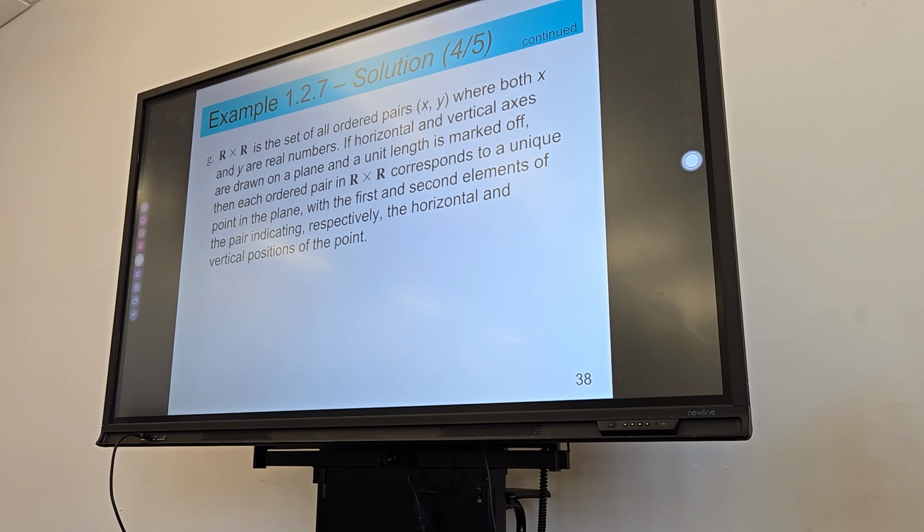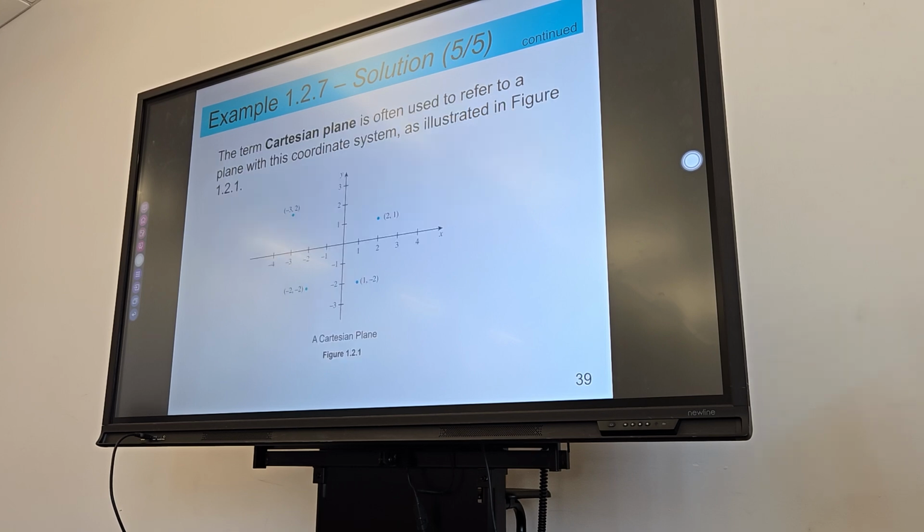So in the typical graph, you use x and y as an ordered pair. So if x is 2 and y is 4, it's a different point than 4 as x and y is 2. So order makes a difference in ordered pairs.